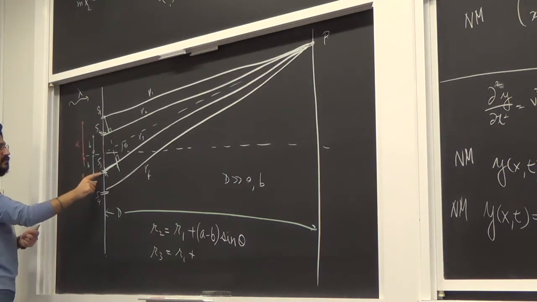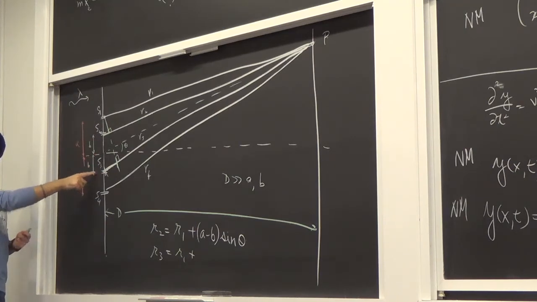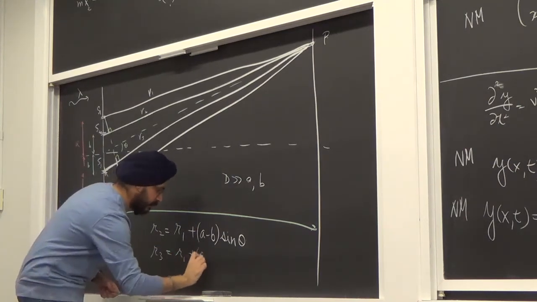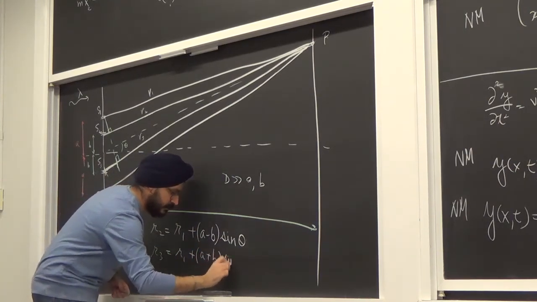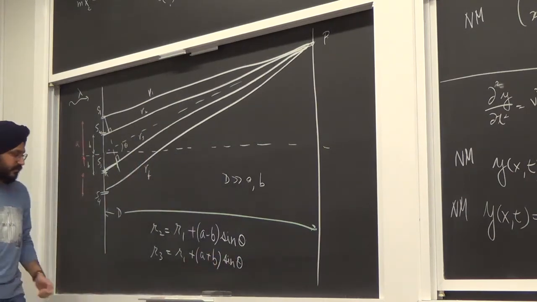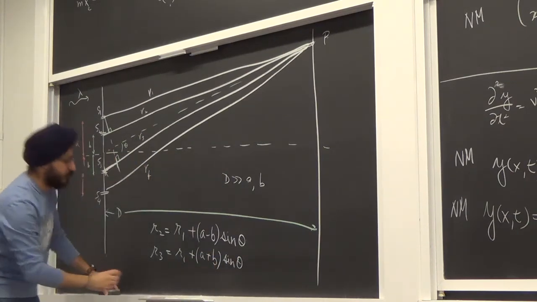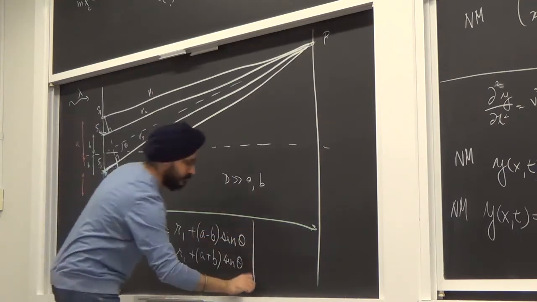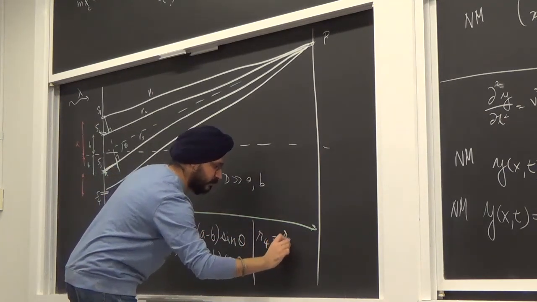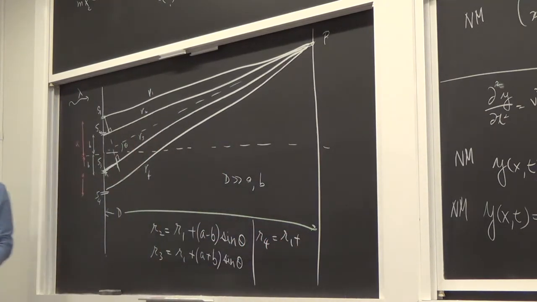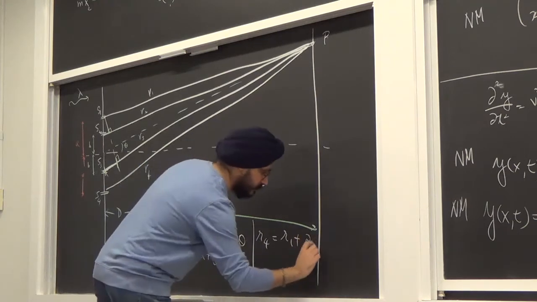And that distance is A plus B. So this is A plus B times sine theta. And finally, I should have used another board, but I'm not. R4 is R1 plus 2A. The distance between S1 and S4 is A plus A, so it's 2A.